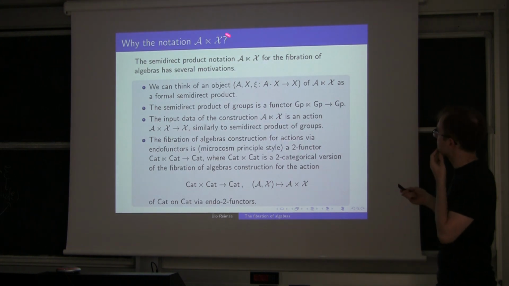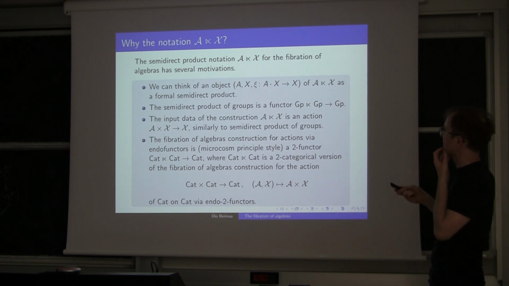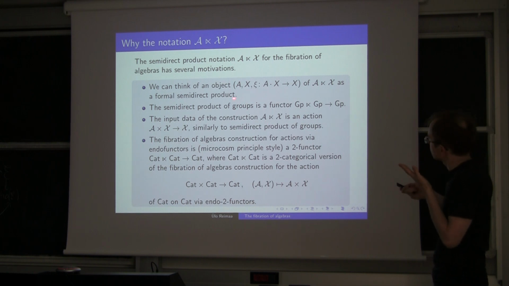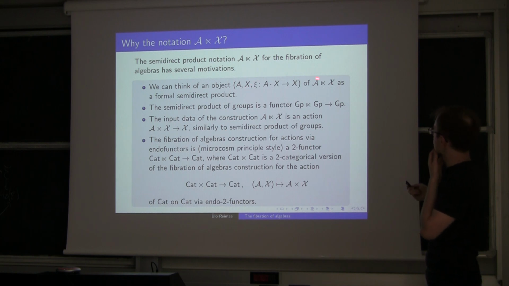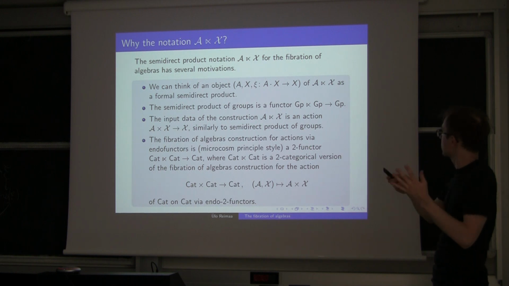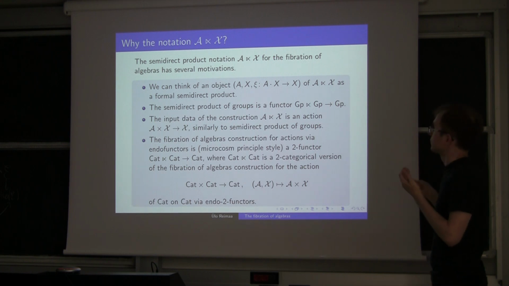just to justify this point of view that this fibration of algebras is a semidirect product, well, if you look at what is an object of this category, it is some object A, some object X, and an action of A on X. We can think about this algebra as an action of an object of the category A on the object X, and this functor from A to, let's say, monads on X will encode what it means for objects of category A to act on objects of X. So, well, from this kind of data, if A and X were groups, for example, we could construct the semidirect product.